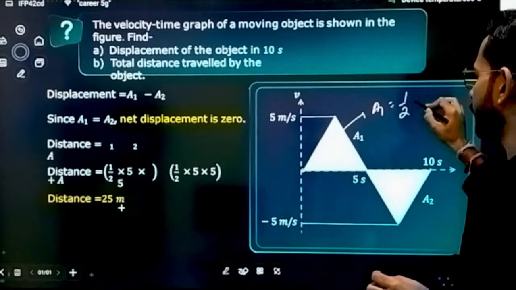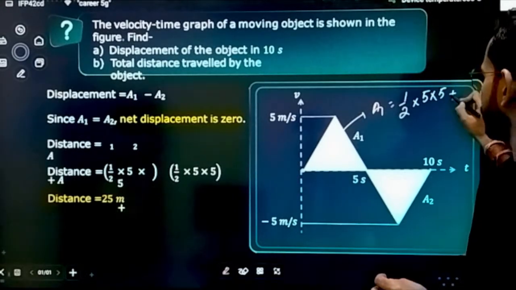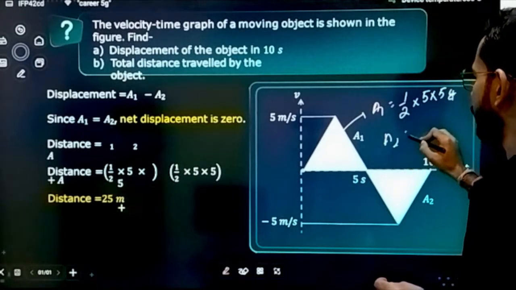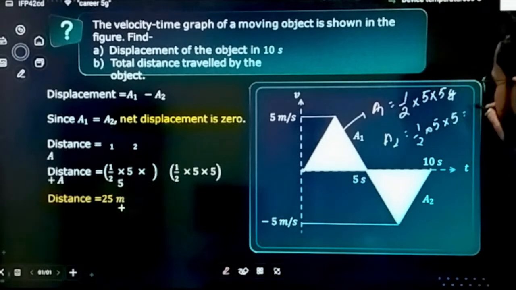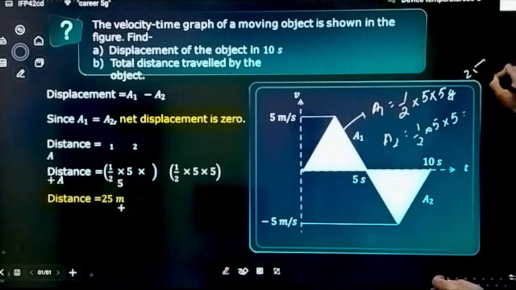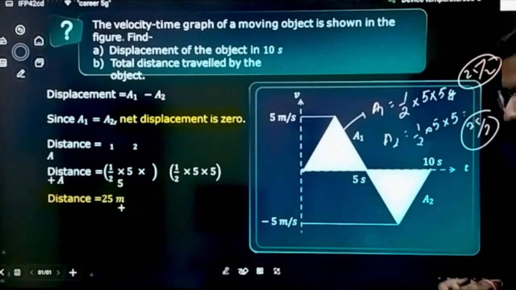Area A1, I will write half into base into height, plus area A2, half into again base, that is 5, into height, that is 5. That will be 25 by 2, and this is also 25 by 2.